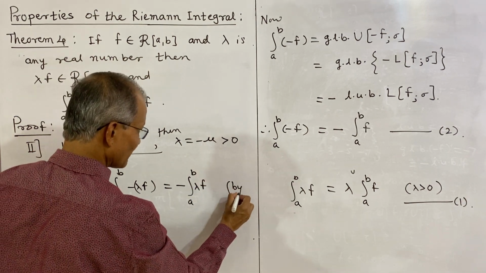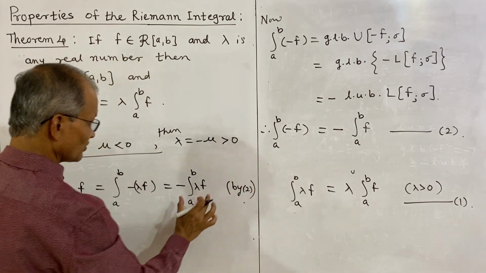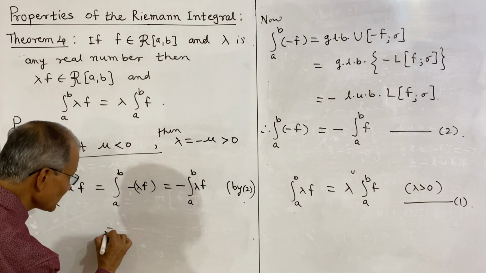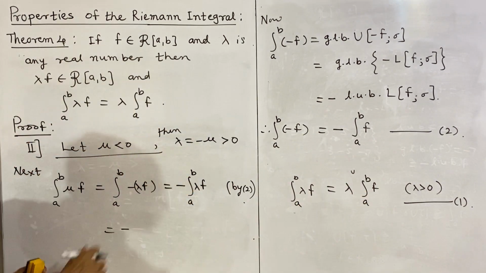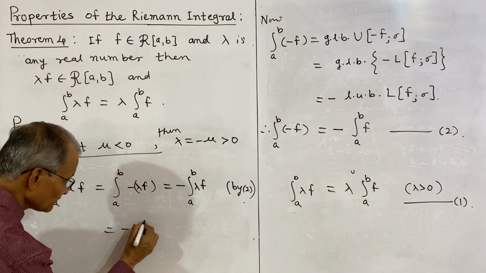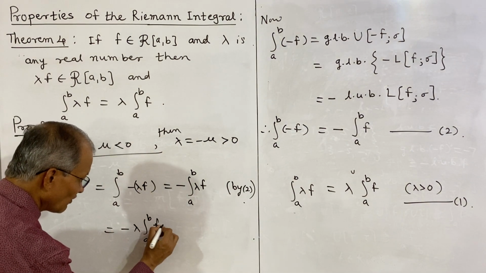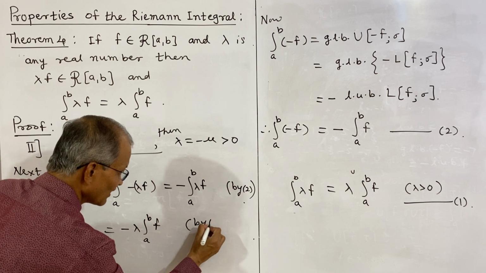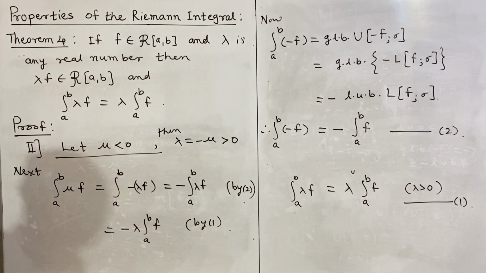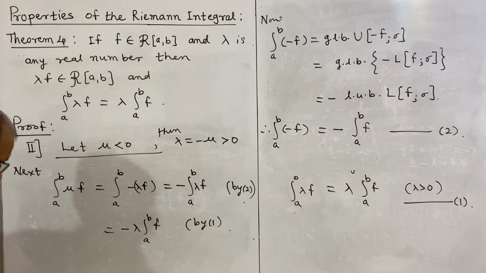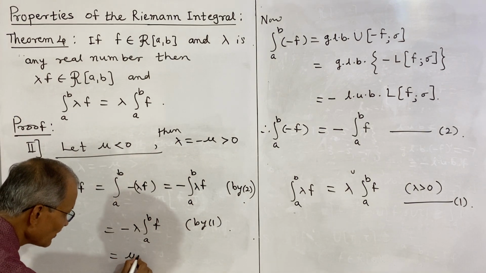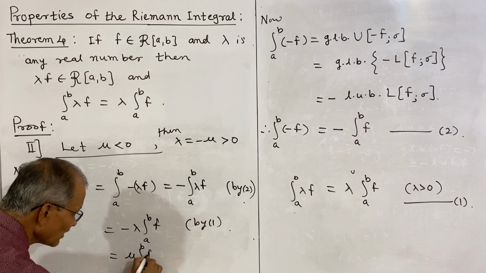So this is by 2, using 2 here, and further lambda f I can write as lambda times the integral from a to b of f. This is by 1. Finally, minus lambda is mu, and therefore this becomes mu times the integral from a to b of f.